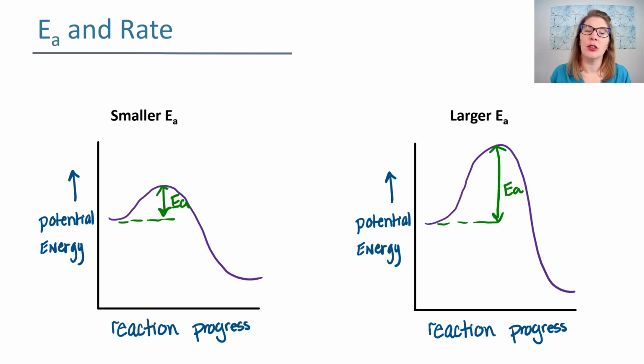Then your large energy of activation, what'll happen if your molecules collide, but they don't collide with enough force to get you over that hill, then they just slide right back down and they stay reactants. So that size of the hill, the size of the energy of activation, has a huge impact on the rate. The higher the energy of activation, the less likely it is for that reaction to happen successfully.